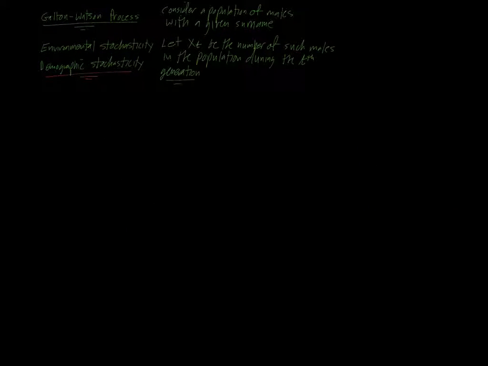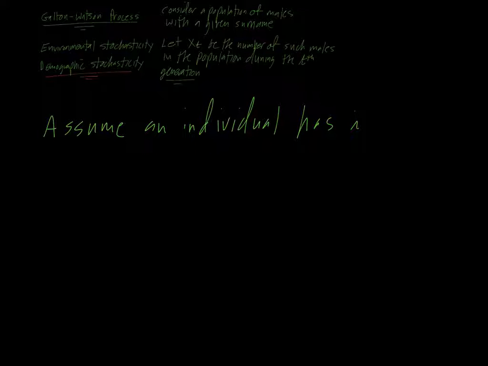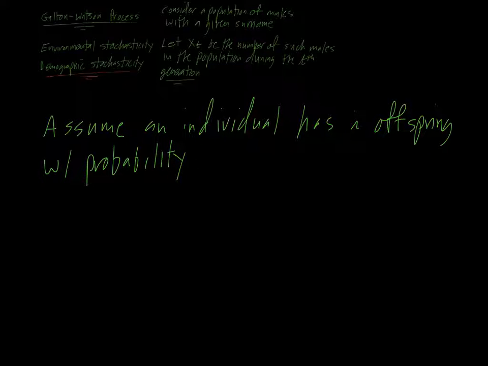Okay, assume an individual has i offspring with probability p sub i. Okay, and what do these probabilities have to satisfy?